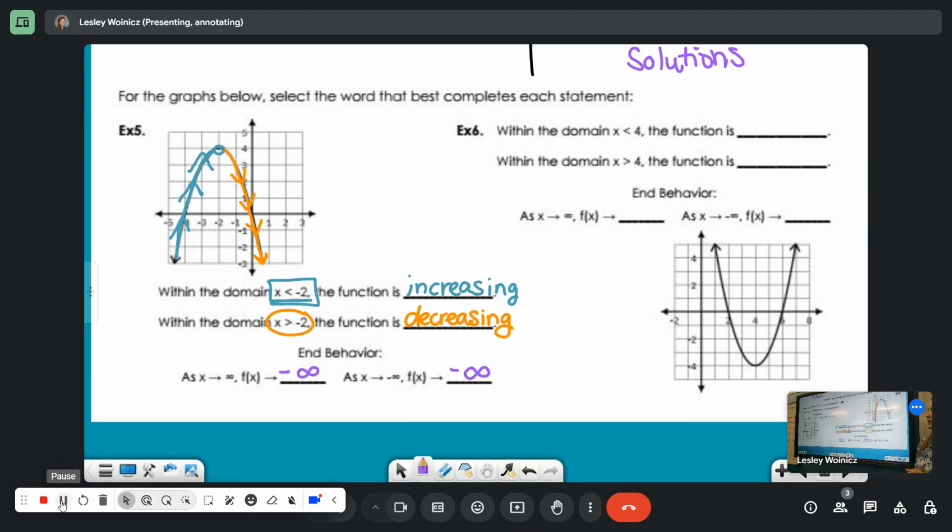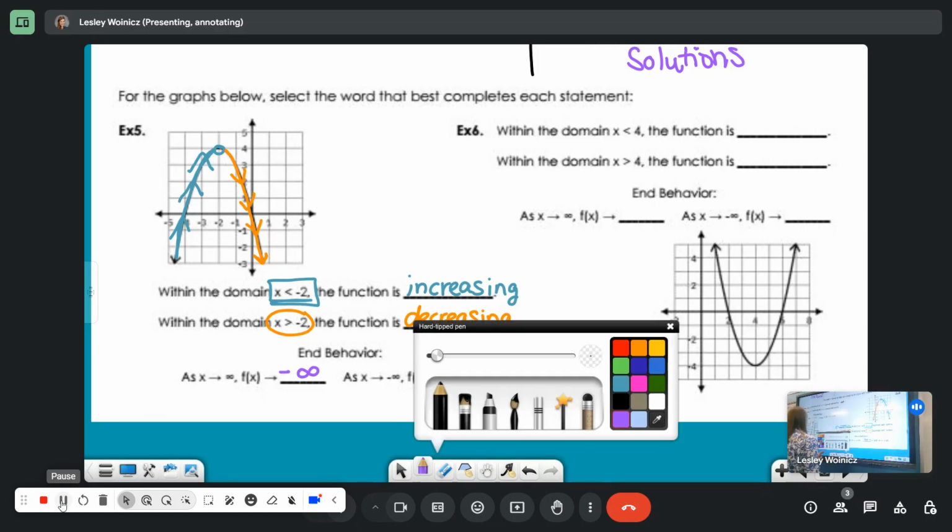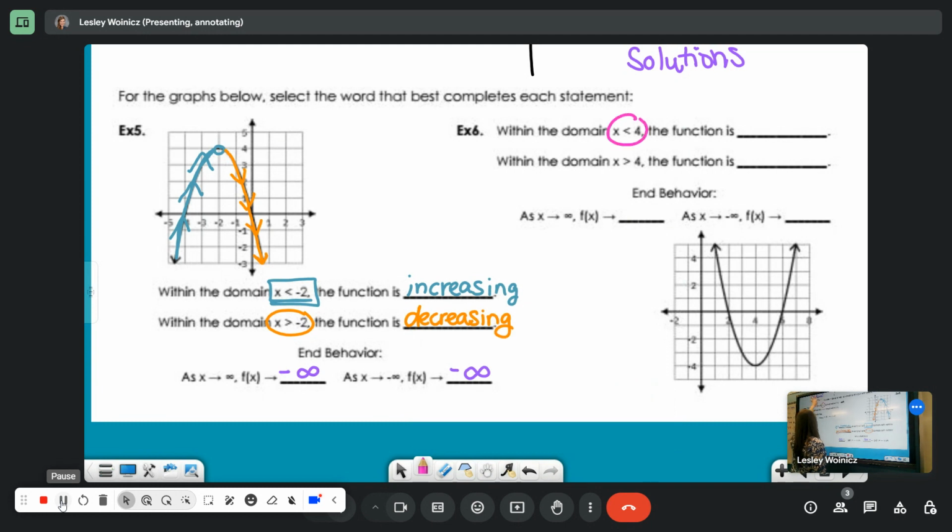So fun. All right, can you do example 6 on your own? Try it. Okay, when x is less than 4, so to the left of 4, what is happening to my function? Good.